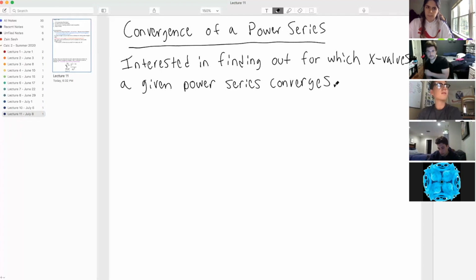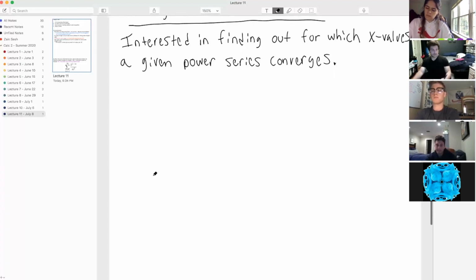Essentially, we want to find out which numbers we can plug in for x that will make that infinite series converge in the normal sense that we defined in previous classes. As a little motivating example, we can do one really quickly.